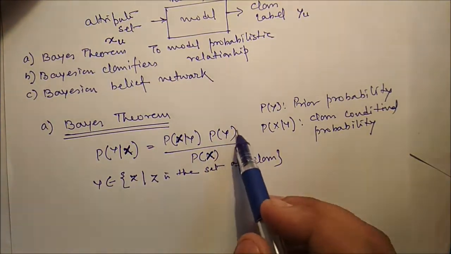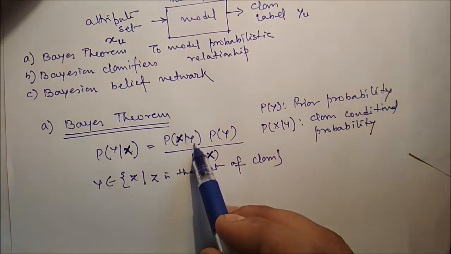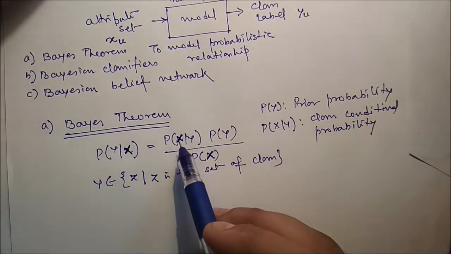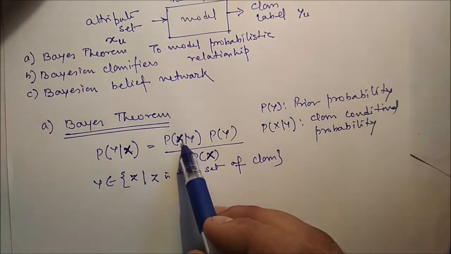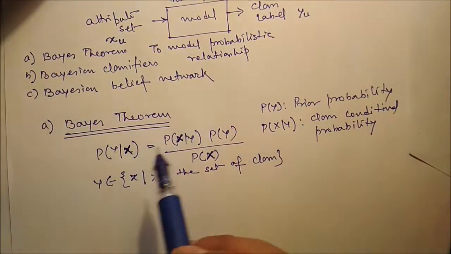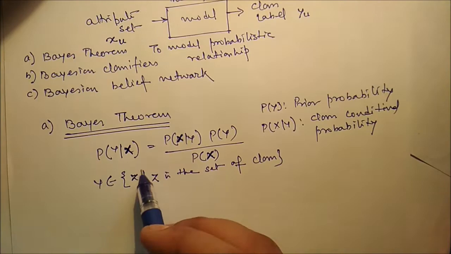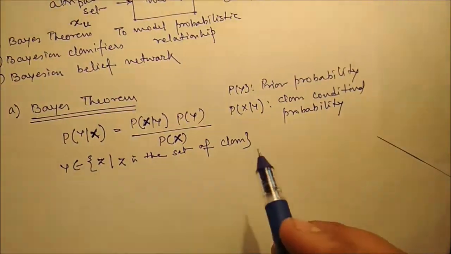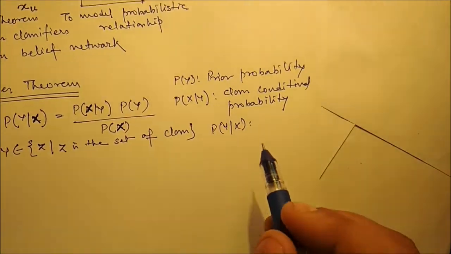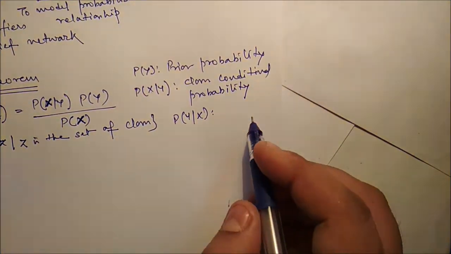P(y) is the prior probability, our prior belief. P(x|y) means the probability of x given that y. That is, what will be the probability of a particular attribute if the class label y is there. From this information we can get the posterior probability, P(y|x), which is called the posterior probability.